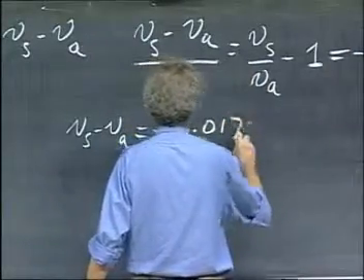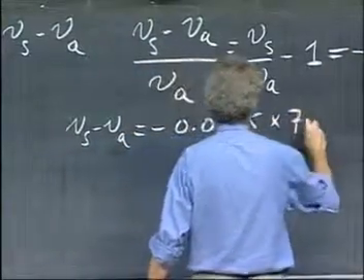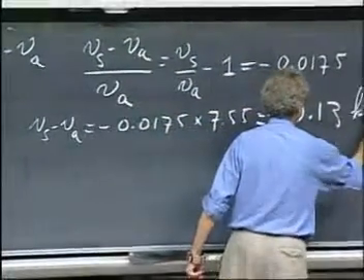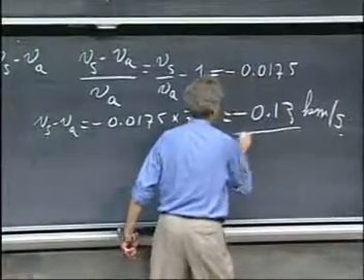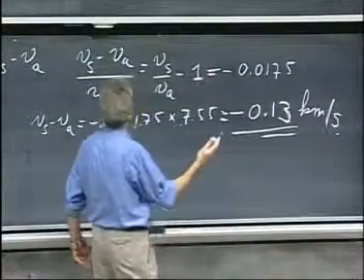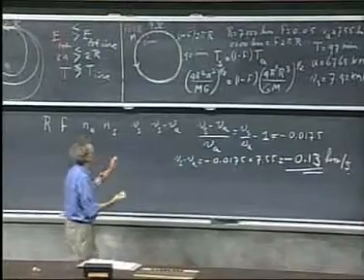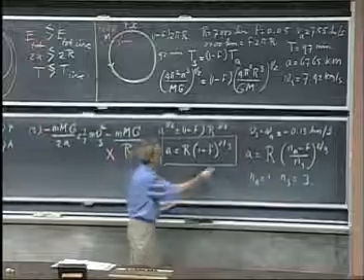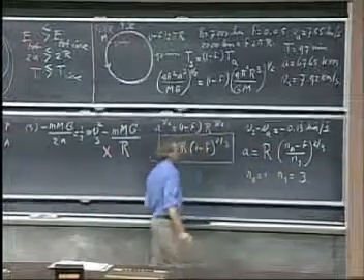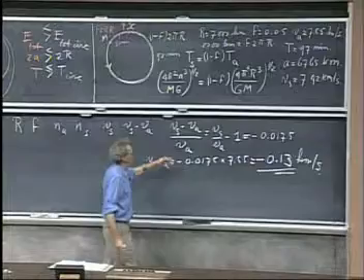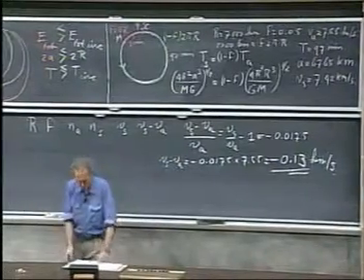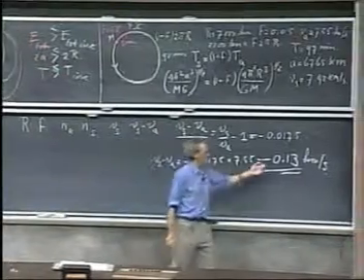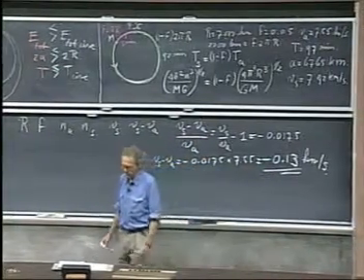So you get minus 0.0175 times 7.55 kilometers per second, and lo and behold, that is our minus 0.13 kilometers per second. Of course, it has to be that number, because that's what we calculated for our case, n equals 1. There it is. And so this dimensionless number is very transparent, and we will show you some examples. This would be the 300 miles per hour, which of course is not very doable.